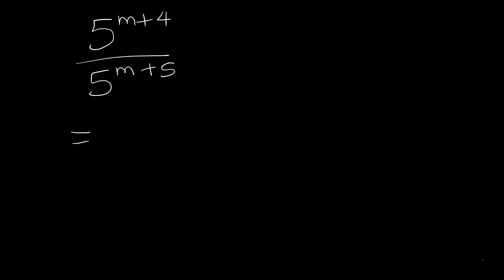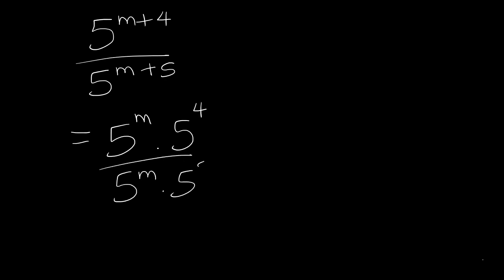In this next example, we have 5^(m+4) divided by 5^(m+5). So we separate the exponent, and we have 5^m times 5^4 divided by 5^m times 5^5.